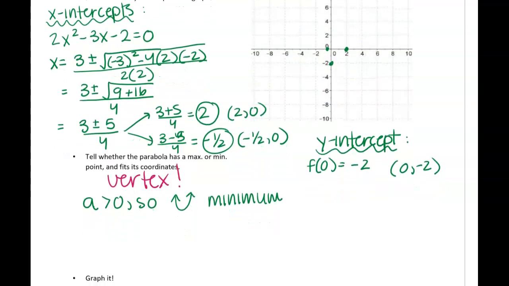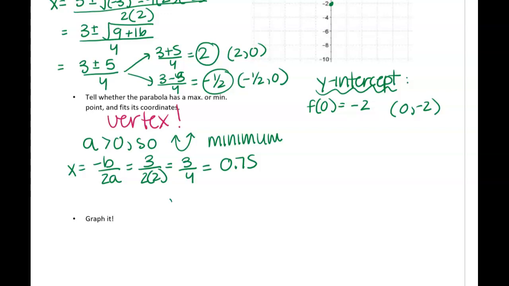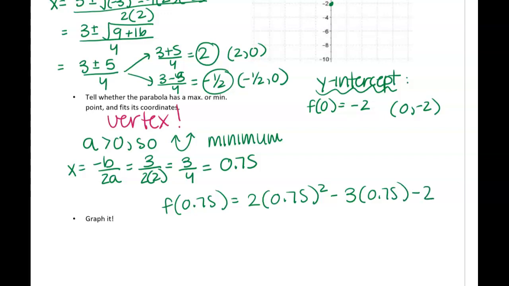And now let's find what it is. So x equals negative b over 2a. This will give us the x-coordinate of our vertex. So b is negative 3, so x is 3 over 2a, which is 2 times 2, which is 3/4, which is 0.75. And then to find the y value, we'll do f of 0.75, which is 2 times 0.75 squared, minus 3 times 0.75 minus 2.